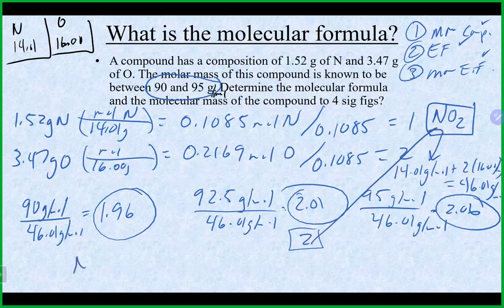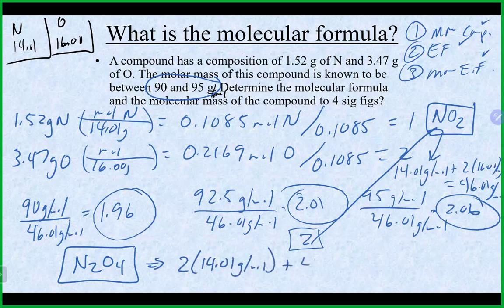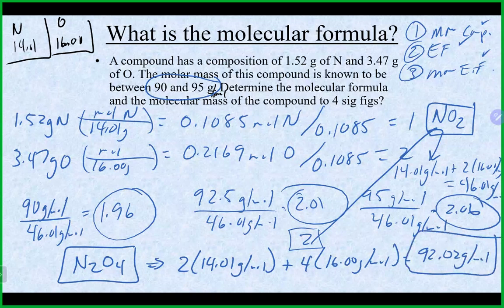And that will give us N2O4 in this case. And if we want the molar mass of this guy, then it would be 2 times 14.01 plus 4 times 16. And we see that the molar mass of this particular compound will actually be about 92.02 grams per mole, which is about in the middle where we chose as one of them.